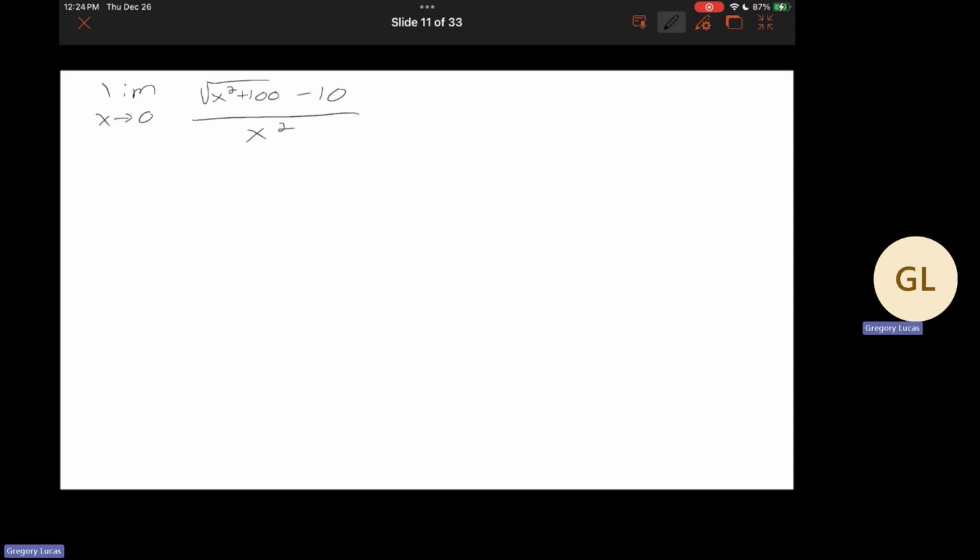If we have a square root, we can use the rule of a difference of two squares. So we multiply by what's called the conjugate. When multiplying by the conjugate, I'm going to have a minus b times a plus b, which we know is a squared minus b squared. So the conjugate, meaning I'm going to flip the sign here. So x squared plus 100, instead of minus 10, we're going to have plus 10.